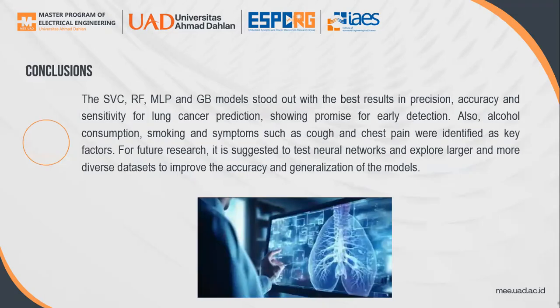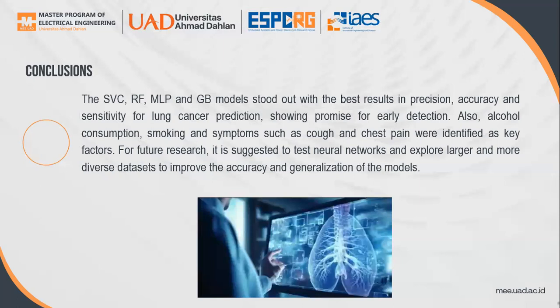Conclusion: the Support Vector Classifier, Random Forest, Multilayer Perceptron, and Gradient Boosting models stand out with the best results in precision, accuracy, and sensitivity for lung cancer prediction, showing promise for early detection.